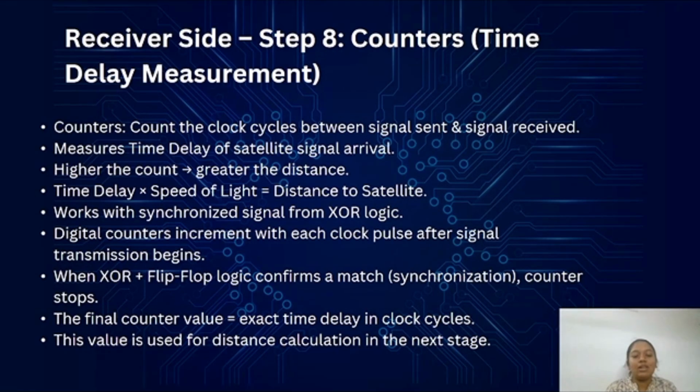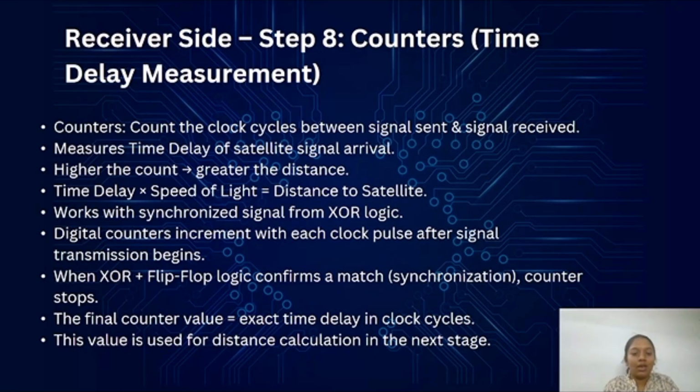Now when the signal is matched using XOR logic, the next step is to measure the time delay. For this, digital counters are used. As soon as the satellite signal arrives, the counter starts counting clock pulses. When the signal and the internal code perfectly match, the counter stops, and this counter value tells us how much time it took for the signal to travel from the satellite to the receiver.